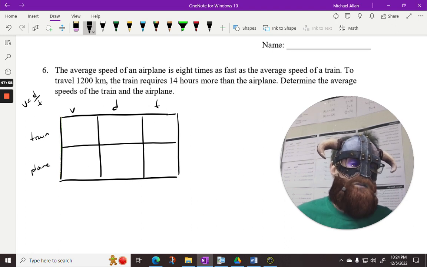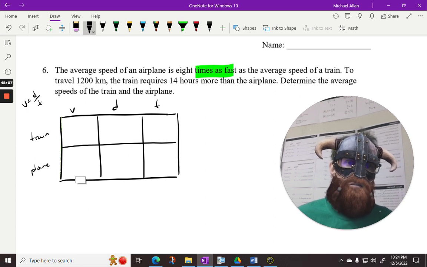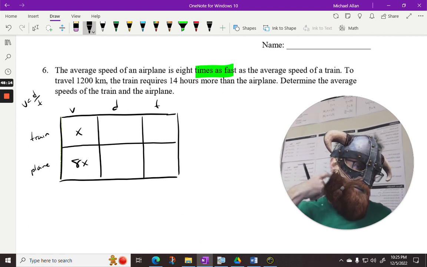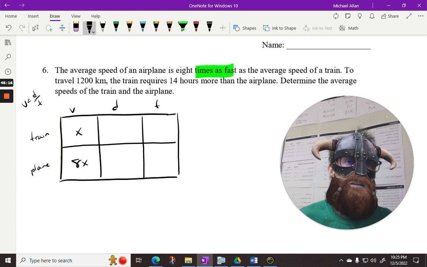Okay, so the plane is 8 times as fast. The train is slower, so that means the plane is 8x and the train is x. All right, so the plane is 8 times faster than whatever the train happens to be. We've got to find out what x is here.